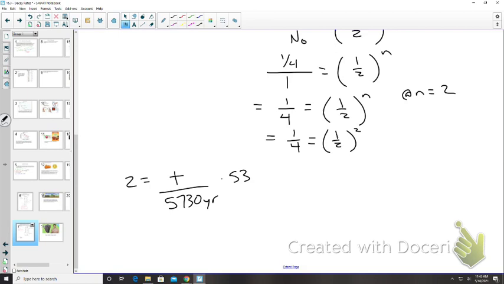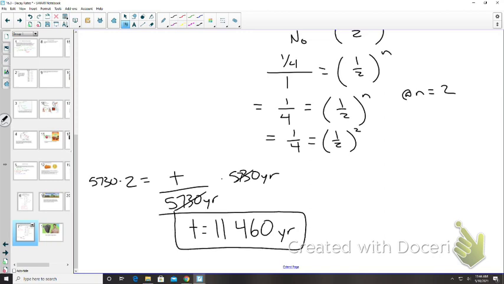Multiply both sides by 5,730, and we'll get a time or an age of 11,460 years old. All right. Moving on.